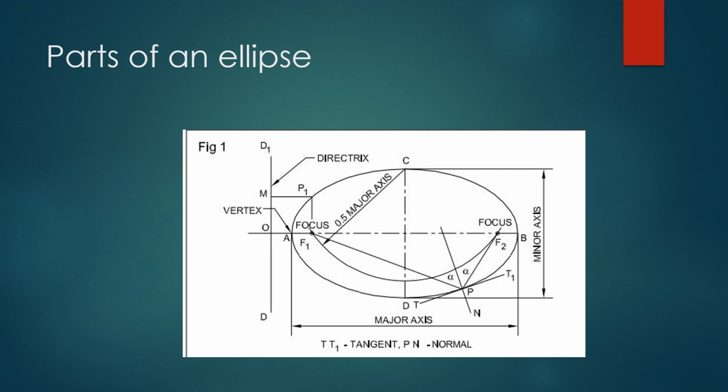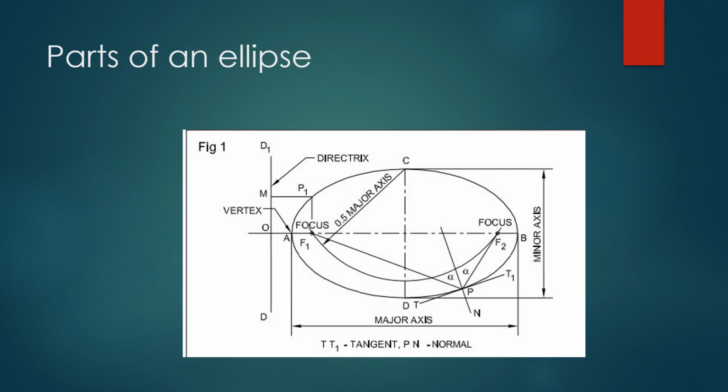It's also worthy to note that the major and the minor axis are perpendicular bisectors of each other. Then we have another part called the vertex.